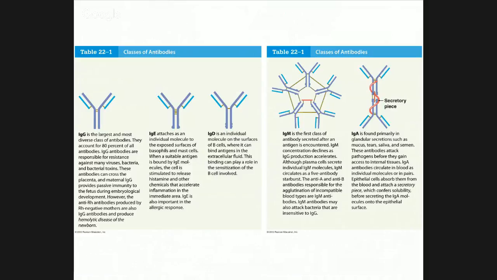All of those cells are clones of the first activated copy of it. And so all of those B cells, plasma cells, make antibodies against the same antigen. But a given plasma cell will make 5 different types of antibodies based on how they interact together, I suppose you could say.